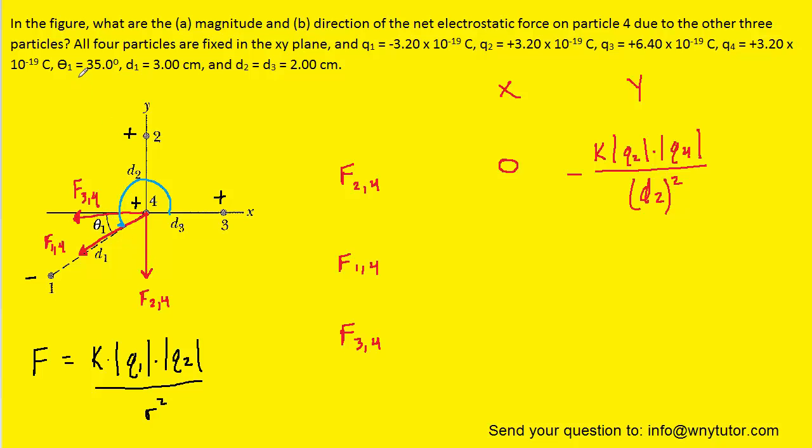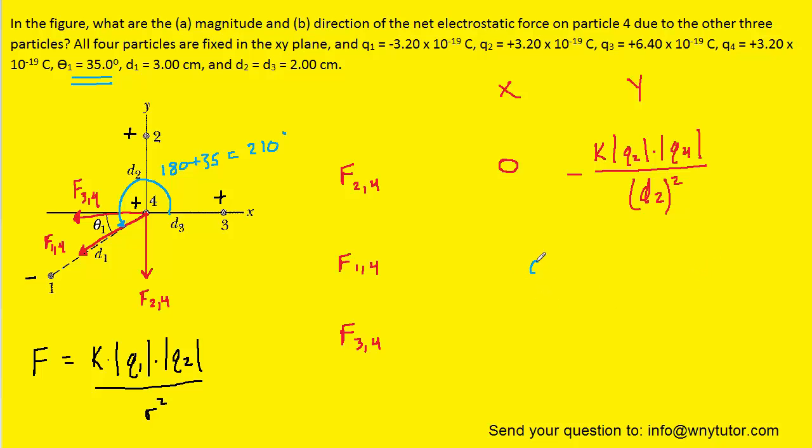Now, theta 1 was stated in the question to be 35 degrees. So that means when we measure from the positive x-axis all the way to this force marked F14, we're going to add 180 degrees plus the 35 degrees for a total angle of 210 degrees. So that would be the entire angle that we'll use for the x and the y component.